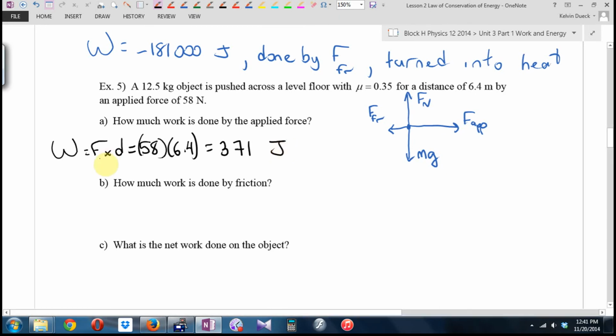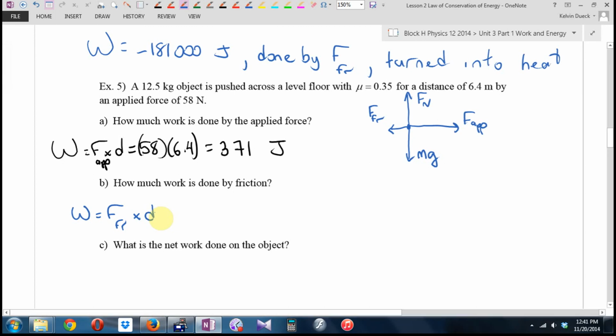If you want to, you can go back and put a little applied beneath the F in force times distance. Sarah, what's B asking me to find? I think the work done by friction is going to be the force of friction times distance. Mr. Dueck, they're not technically in the same direction. Fair enough.